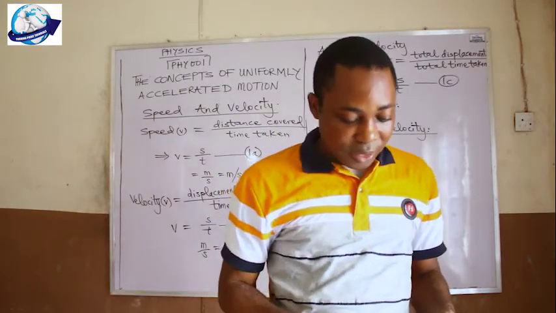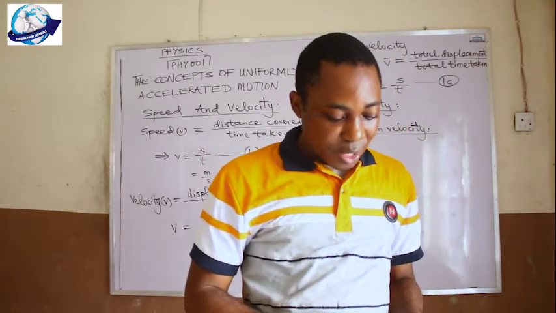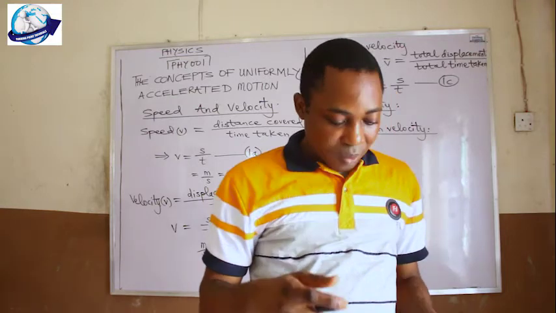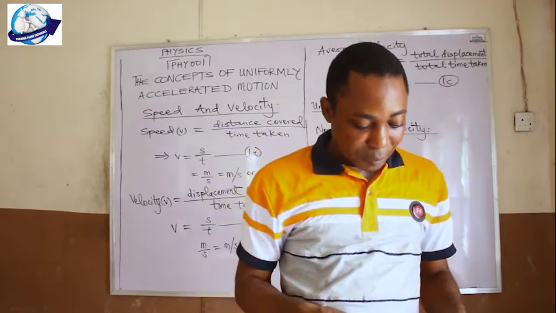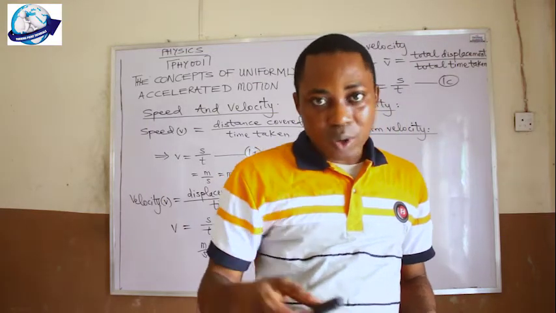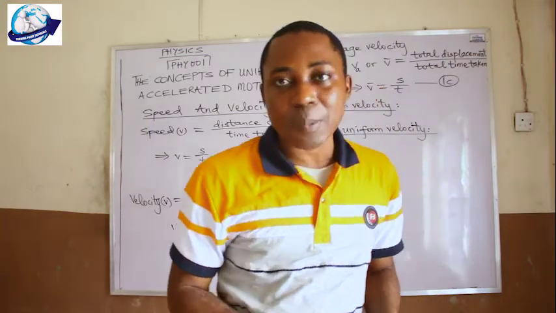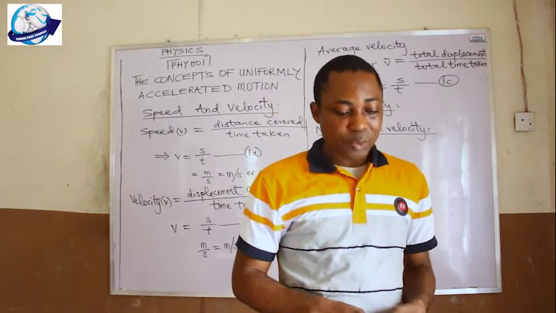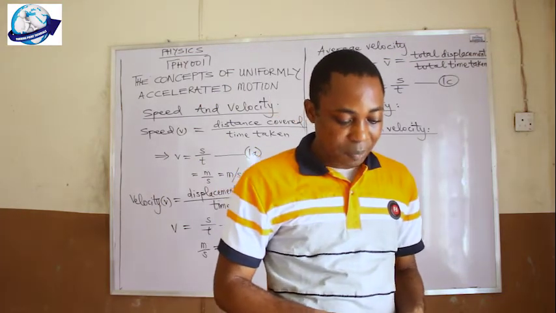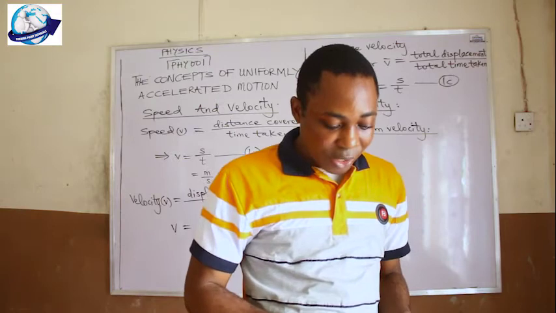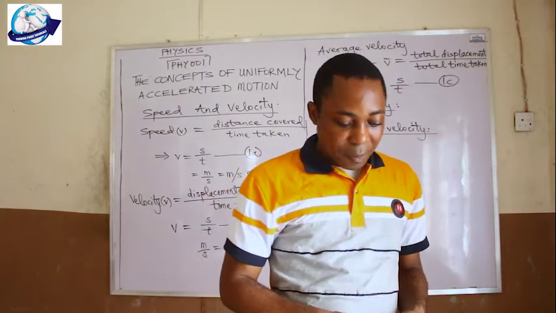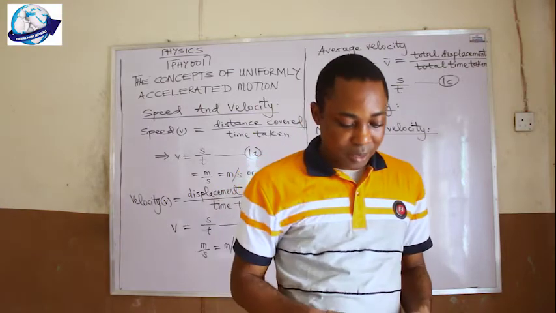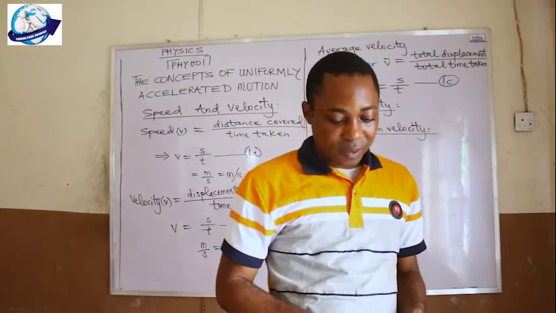Non-uniform velocity is a motion situation in which a body covers unequal displacements in equal time intervals, no matter how small the time interval may be. Or you can put it this way: it's a motion situation in which the velocity of a body changes within a given interval of time, making the body cover unequal displacements in equal time intervals.